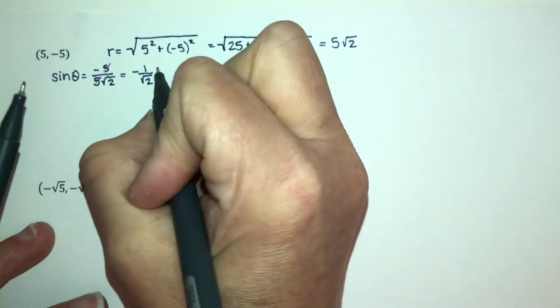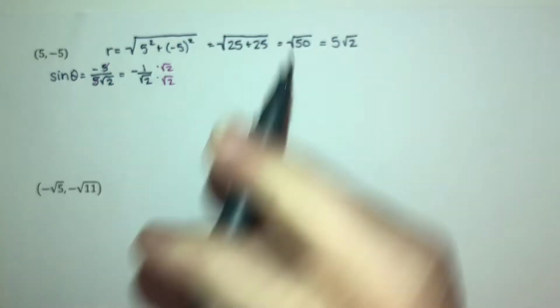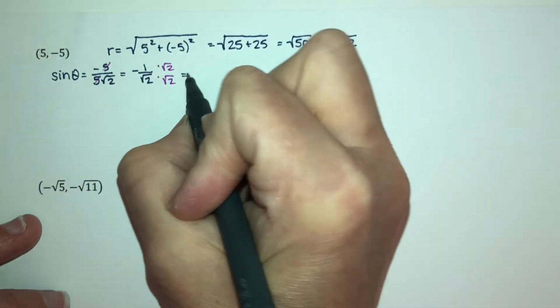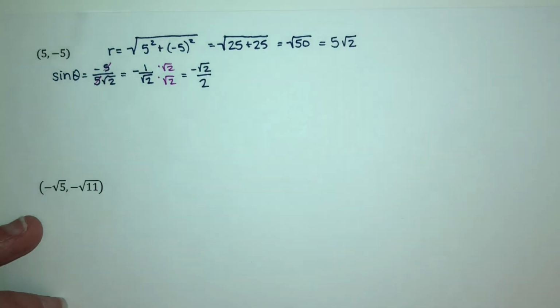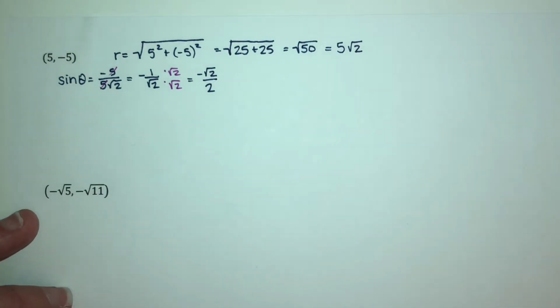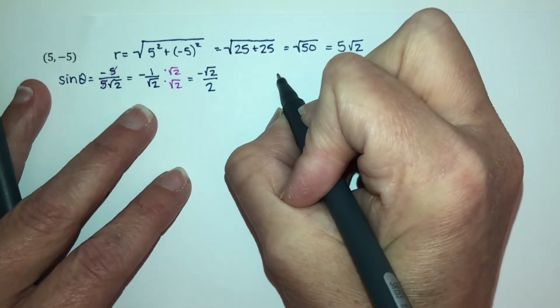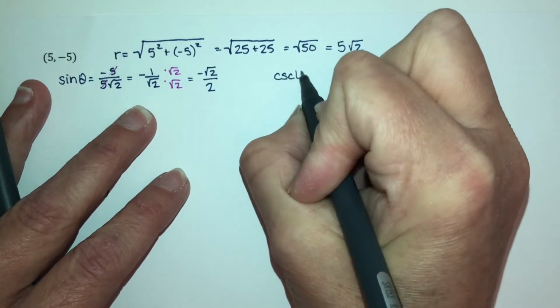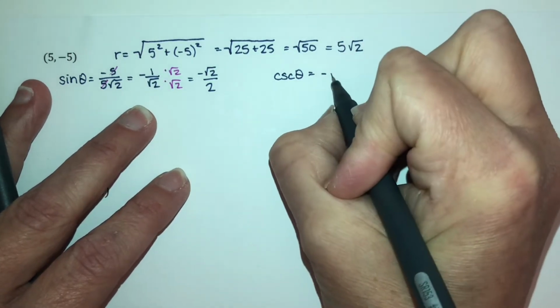And then if you multiply top and bottom by the square root of 2 to rationalize it, you get negative square root of 2 over 2. And then its reciprocal function, cosecant. Take the reciprocal of this to get that it's negative square root 2.